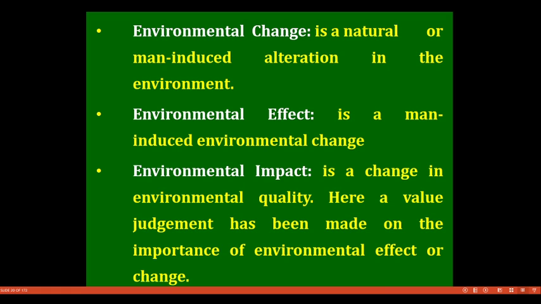So quantification is also done. So what's the difference between environmental effect and environmental impact? Both are actually due to man-made activity, but in the case of environmental effect, it's only a qualitative term. On the other hand, when we come to environmental impact, we are quantifying the change in environment due to human activity using some scientific methodology. So that actually we are coming to environmental impact assessment.